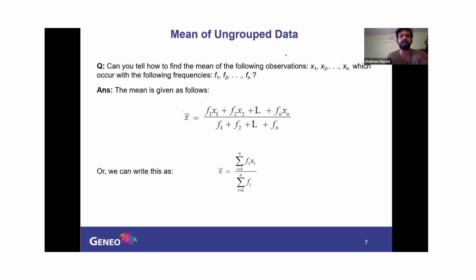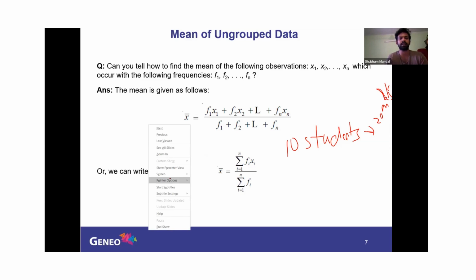See, if I give you something like this, 10 students have got, let's say, 20 marks. It's not a range. I'm saying 10 have got exactly 20 marks. Or okay, let's not go to marks. Instead, let's take another example.